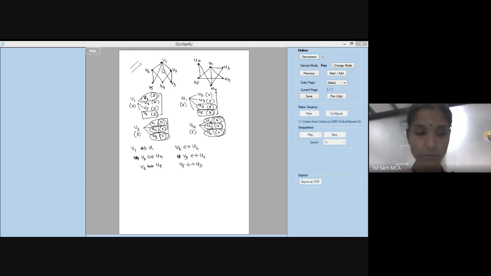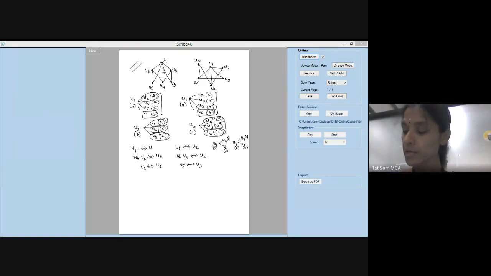See, for example, if you take V4, V4 is of degree 2. V4 is adjacent to what? V6 and V2. Similarly, U6 is adjacent to U4 and U5. U6 is of degree 2. Now V6 is of degree 3, V2 is also of degree 3, and this is 3, this is also 3. So we can make V4 equivalent to U6, that is what we have made here.